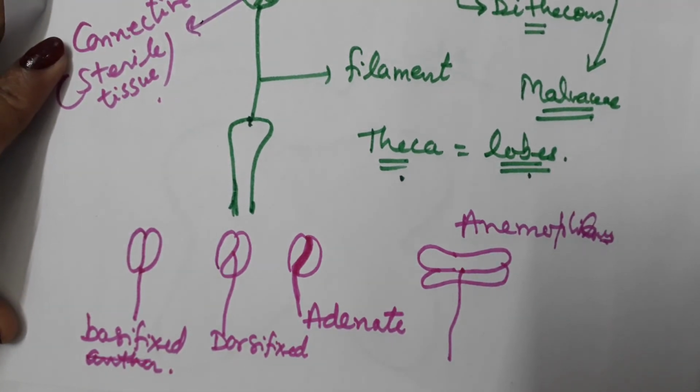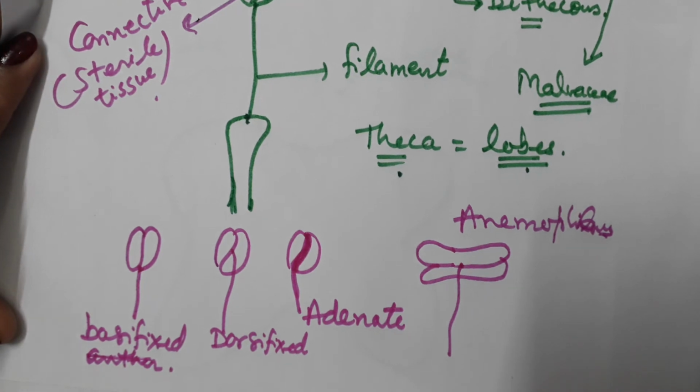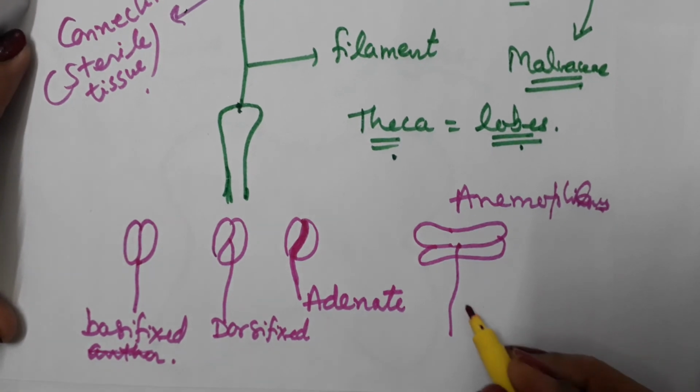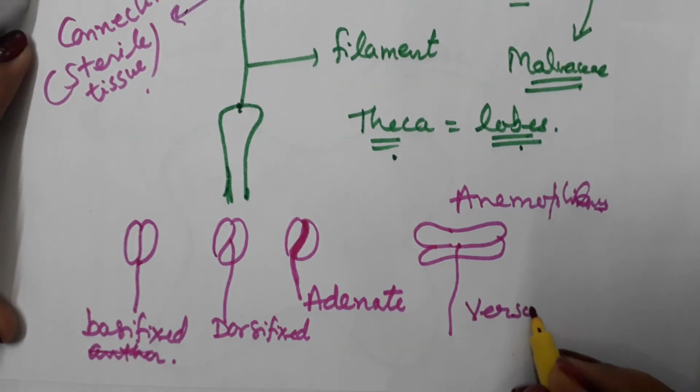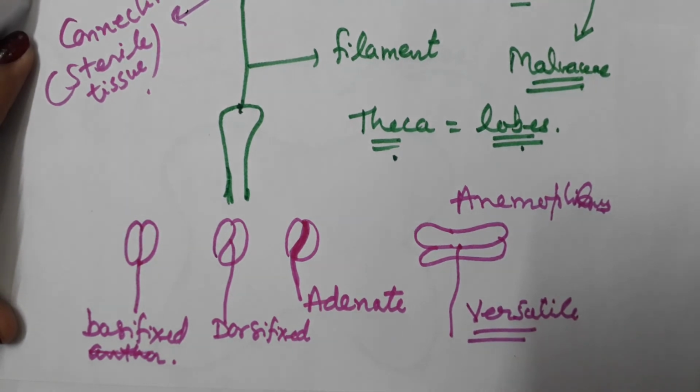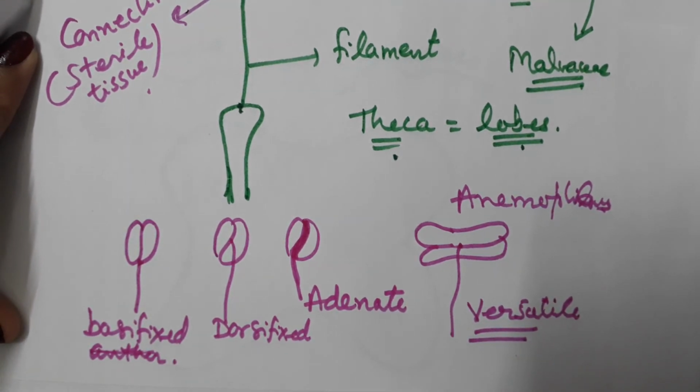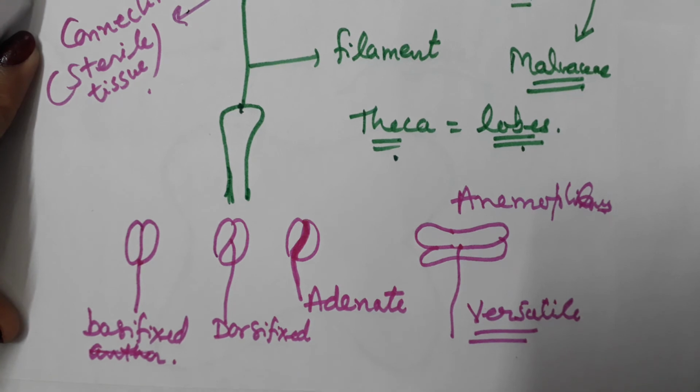Anemophily is the condition where pollination takes place with the help of wind. Such a stamen is known as the versatile stamen, and it is a characteristic feature of the anemophilous flower. On maturity, these anther lobes swing freely in the air and release pollen into the air.